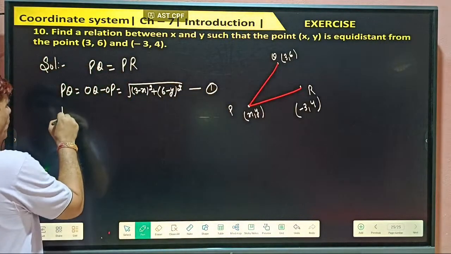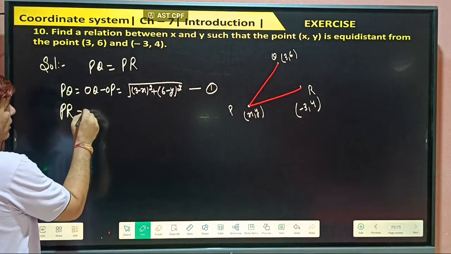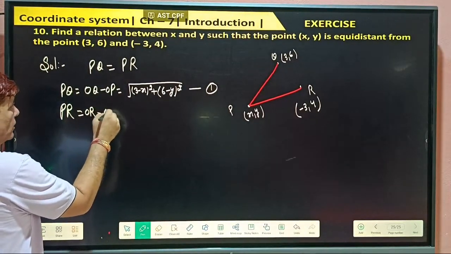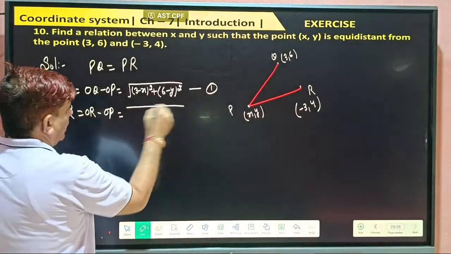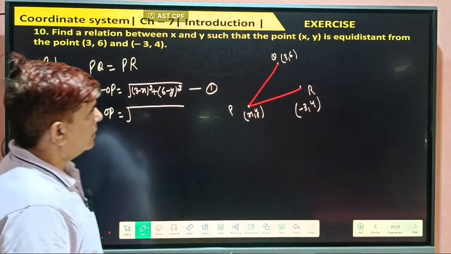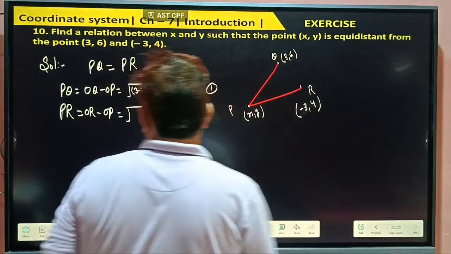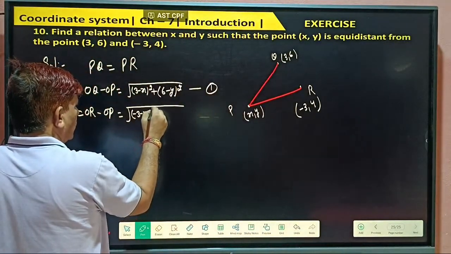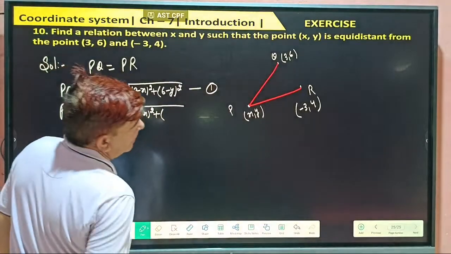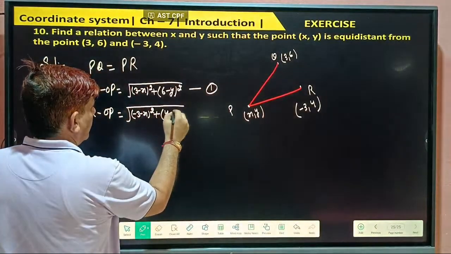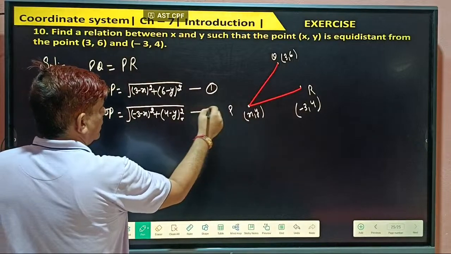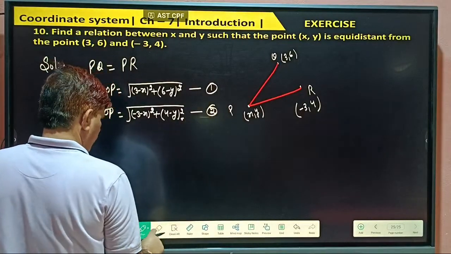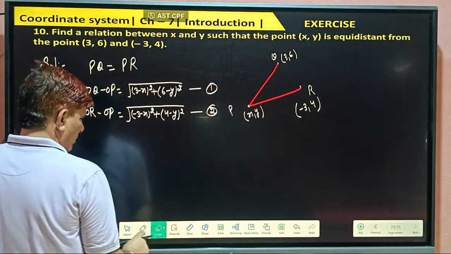Then find PR. What can we find? PR is OR minus OP. So this is again like this: R is minus 3 minus X, minus 3 minus X whole square plus 4 minus Y whole square. This is your second. So from this what can we say?